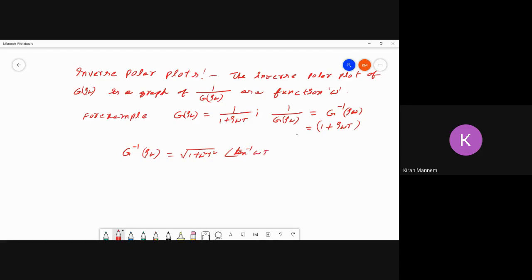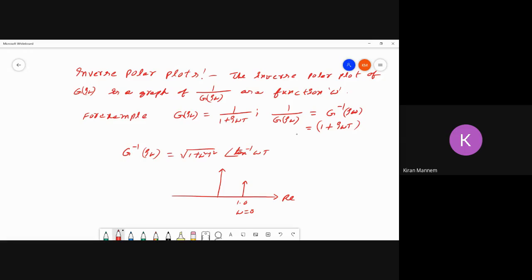So if you draw it quickly, the inverse polar plot is a parallel line, isn't it? It is at the real axis. It is 1.0 here, at omega equal to 0.